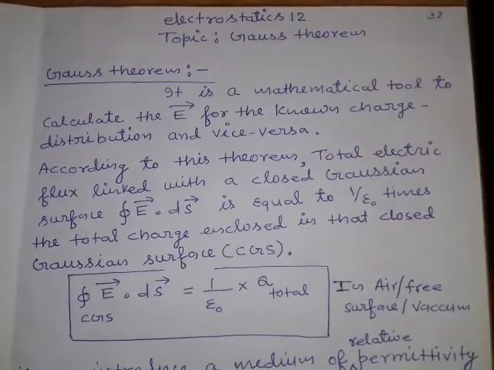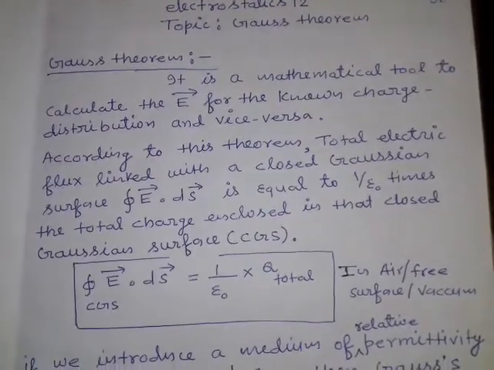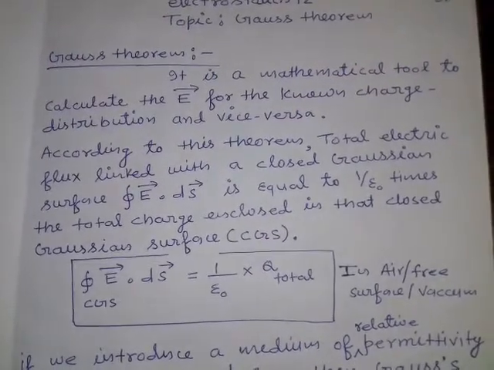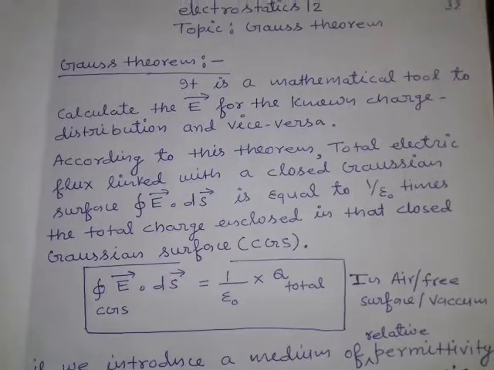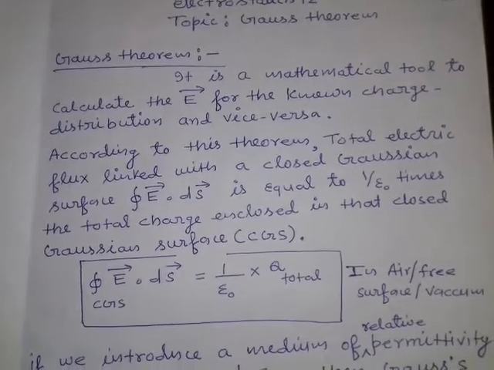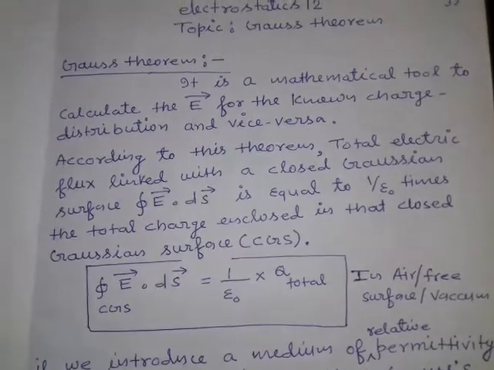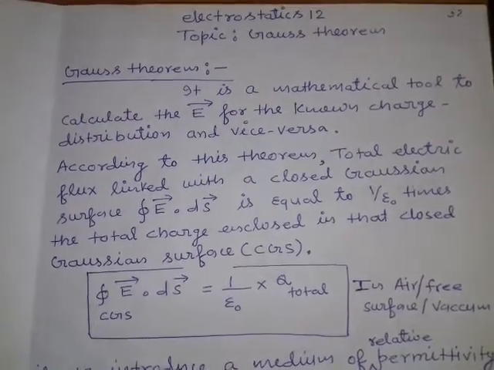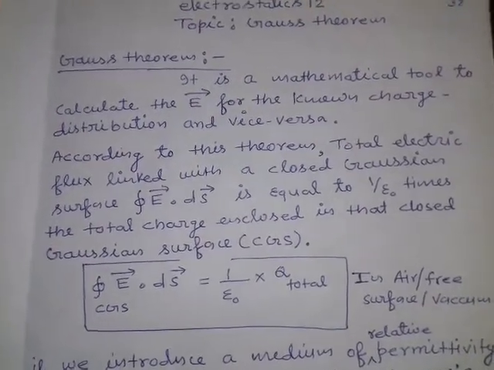Basically, what is the Gauss theorem? It is a mathematical tool to calculate the electric field intensity for the known charge distribution and vice versa. It means if you know the value of charges in space, you can calculate the electric field intensity due to these charge distributions, as you can calculate with the help of Coulomb's law.